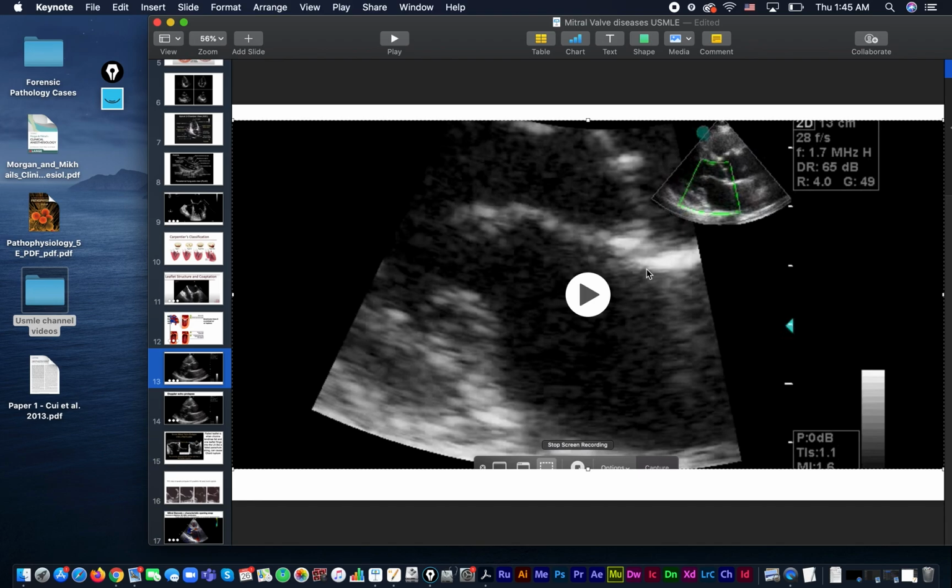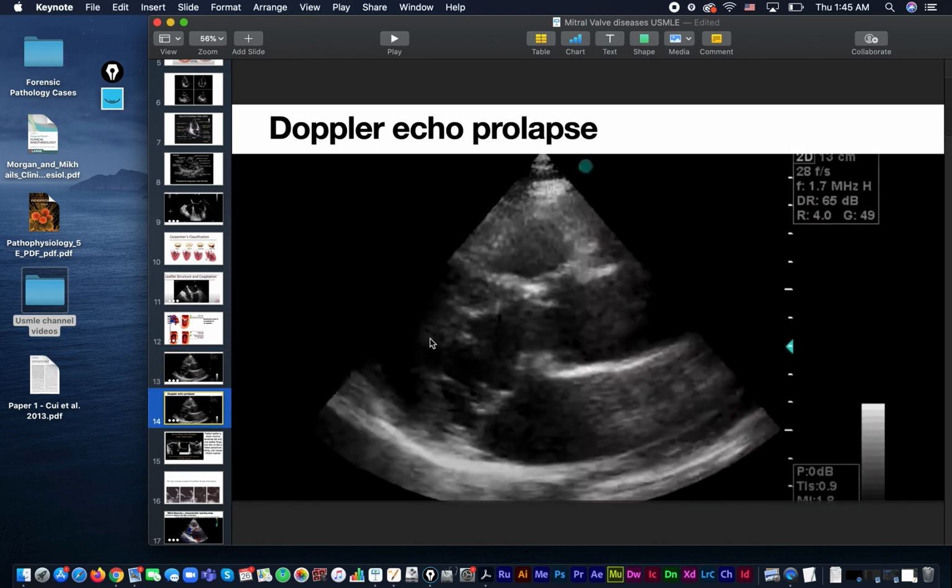So you get the regurg. That's a prolapse due to disconnection of the leaflets from the chordae tendineae or rupture of the valve. Okay, all right, now back to prolapse.